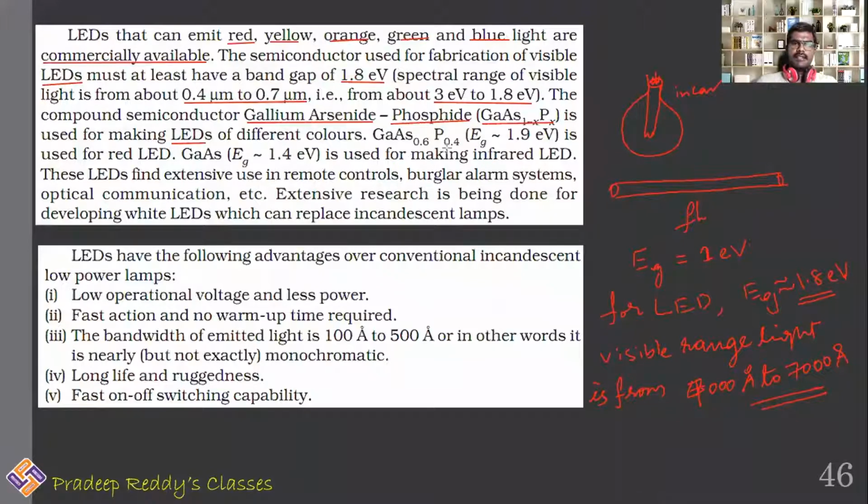Gallium arsenide phosphide, which has an energy band gap of 1.9 electron volt, is used for red LED, so it emits red light. And gallium arsenide, which has an energy band gap of 1.4 electron volt, is used in making infrared LED.